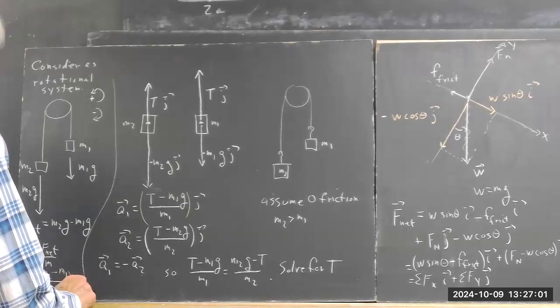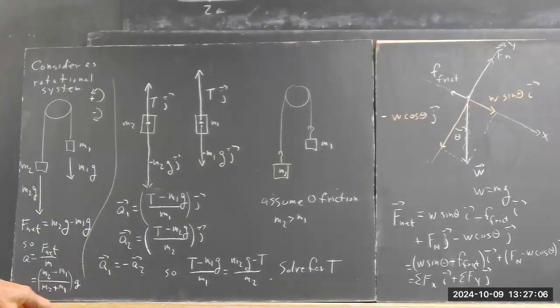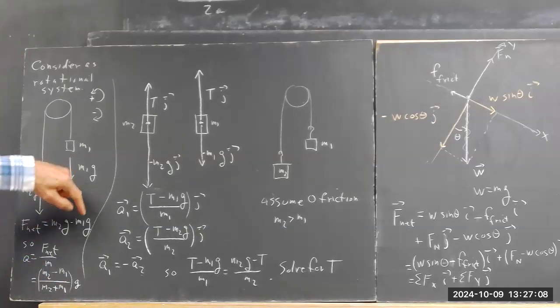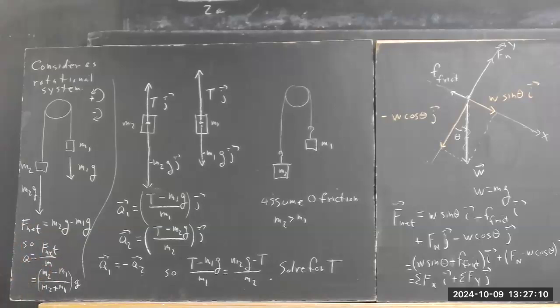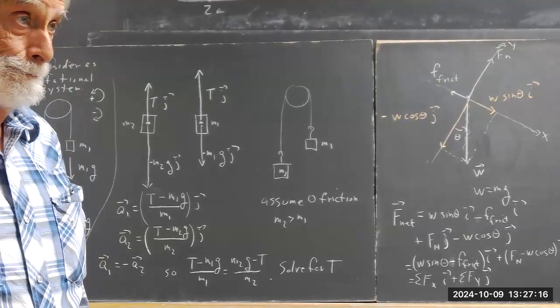And I factored out the G since it's common. There's our net force. Again, that's something you can use as a formula to solve the thing without ever analyzing it.